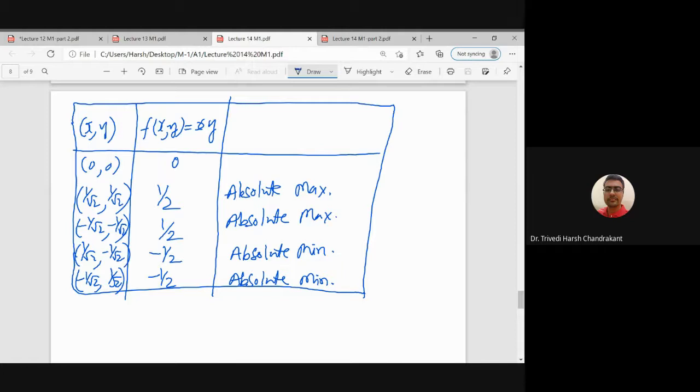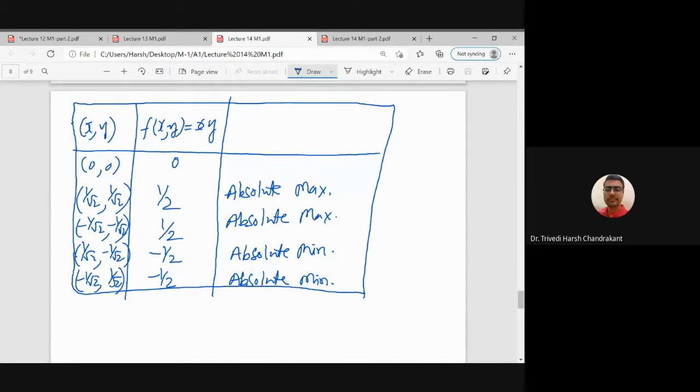Right. In fact, you can take it as an exercise to show that at 0 we actually have a saddle point. Right, at the origin this function has a saddle point. So you can find along a particular curve passing through origin, the value of the function is greater than 0, and along some other curve passing through origin, the value of the function is less than 0.